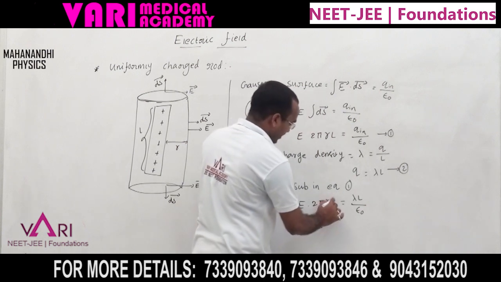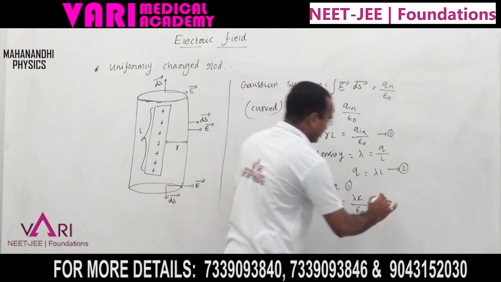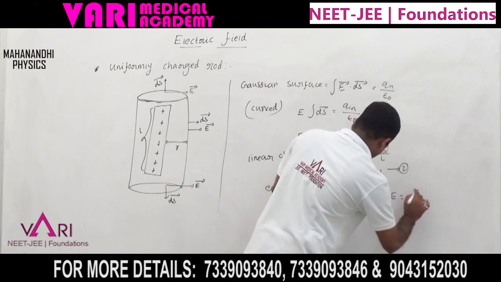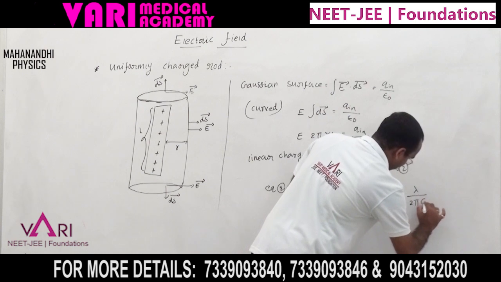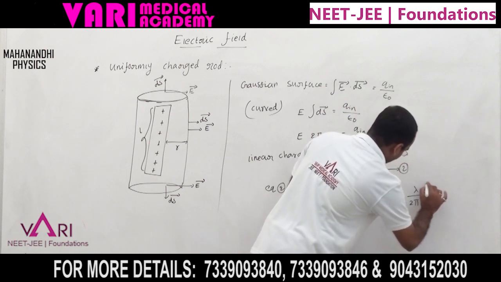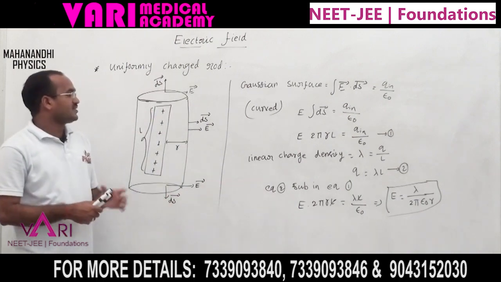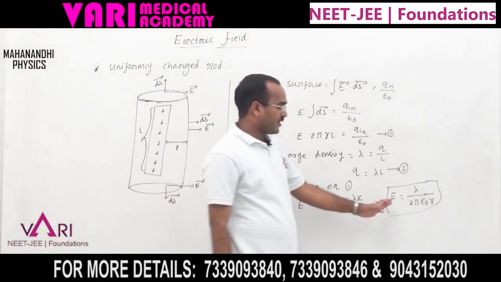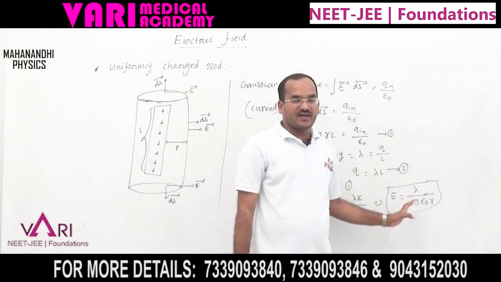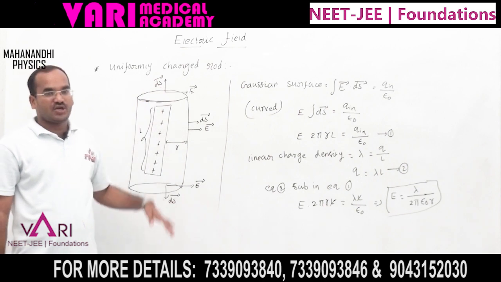Here L cancels, and the remaining 2 pi goes to the right side, so E equals lambda by 2 pi epsilon naught r. For an infinite rod, the electric field is E equals lambda by 2 pi epsilon naught r. This is the first application, the uniformly charged rod.